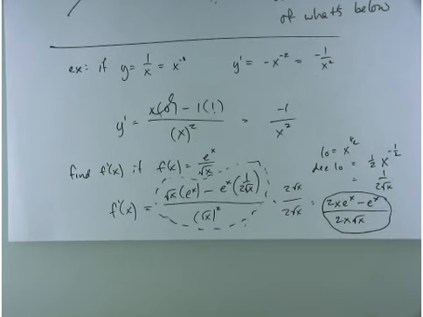Okay. But really, the quotient rule is just kind of us finding what the top is, what the bottom is, and punching it into the pattern. Right? Low d high minus high d low over the square of what's below. If you're saying it to yourself and it's not rhyming, then you're doing it wrong.